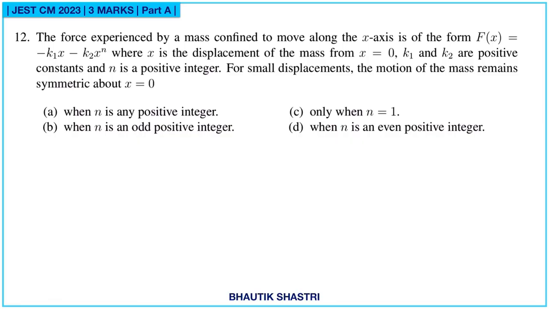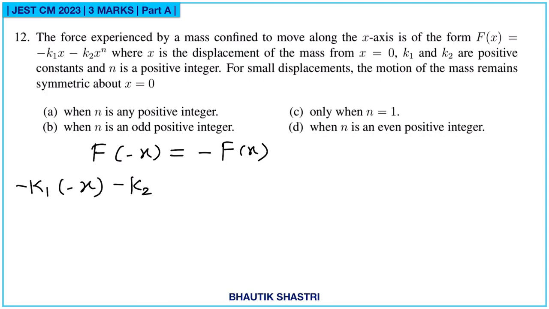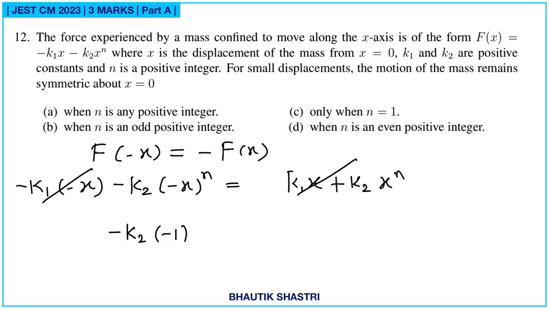For a symmetric motion about x = 0, the force function f(x) must be odd. That means f(-x) should be equal to -f(x). So -k1(-x) - k2(-x)^n is equal to -(k1x - ...), it will be plus k2 x^n. So the first term will cancel and we'll have -k2(-1)^n x^n equal to k2 x^n.